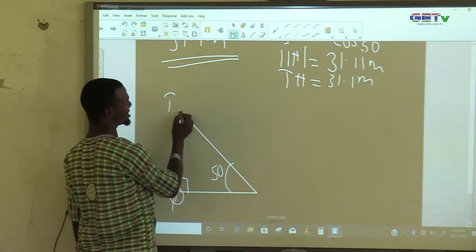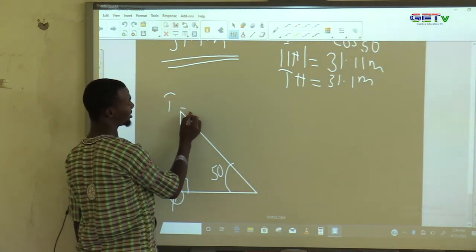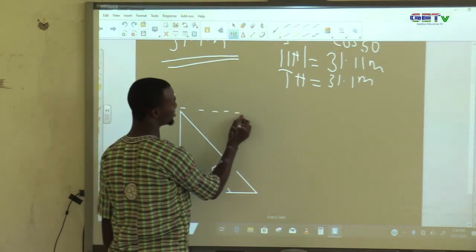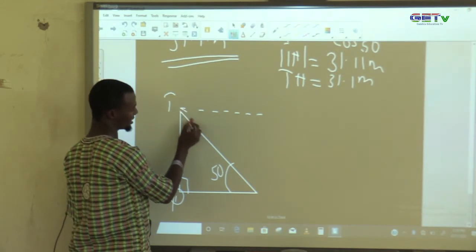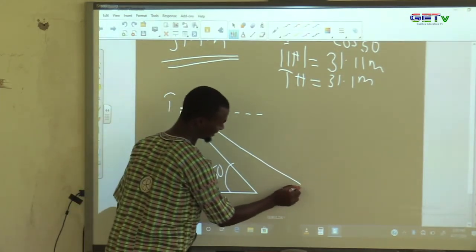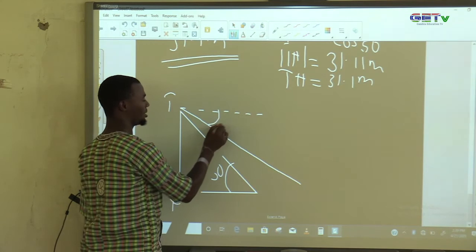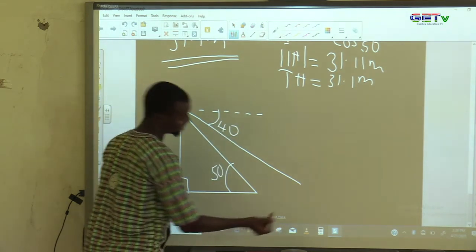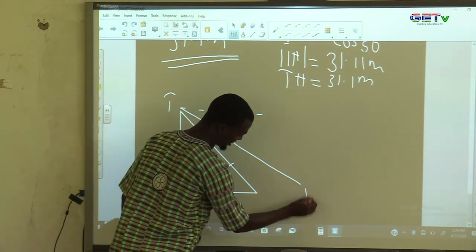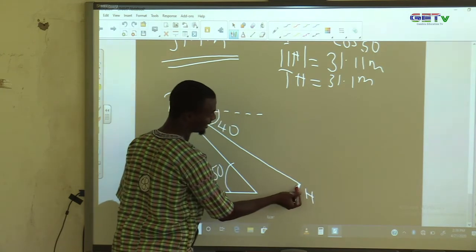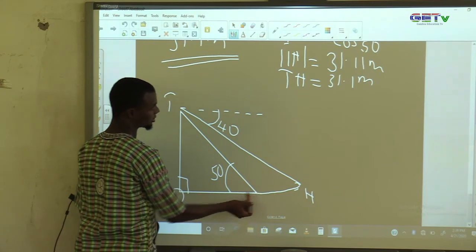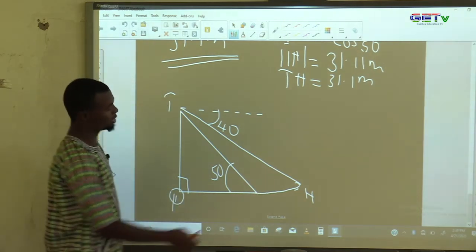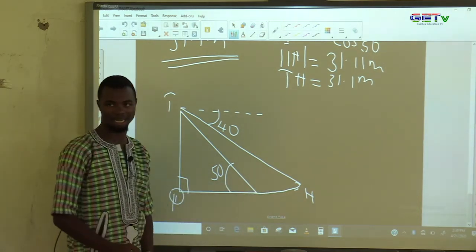We will have this from here, the horizontal eye level, then the angle of depression of 40 degrees, something like this. This angle here should be 40 degrees. Let's say this is the new position of H, and that should join to this place. This should be a straight line.